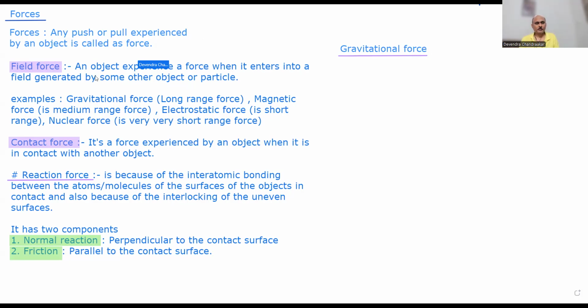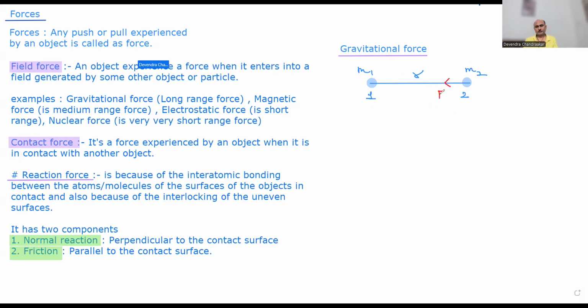तो फील्ड फोर्स क्या करता है? Gravitational force. First example is gravitation. How is it given? It is given as, when two objects are separated by some distance r. This is m1, this is m2, this is r. The force acting on object 2 because of object 1 will be an attractive force.